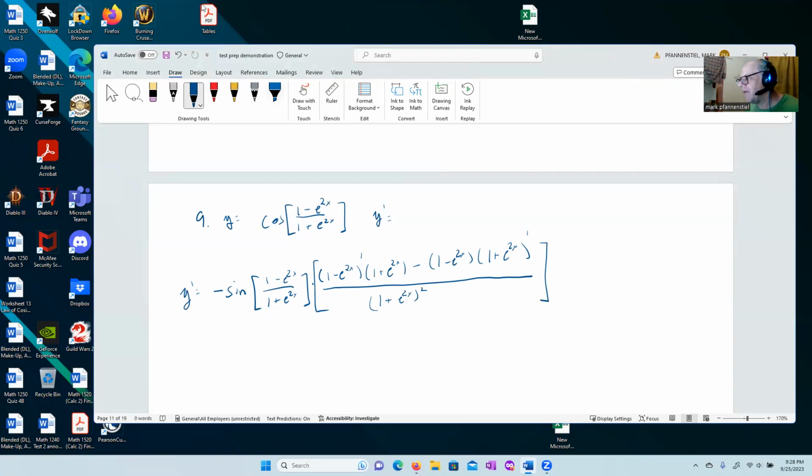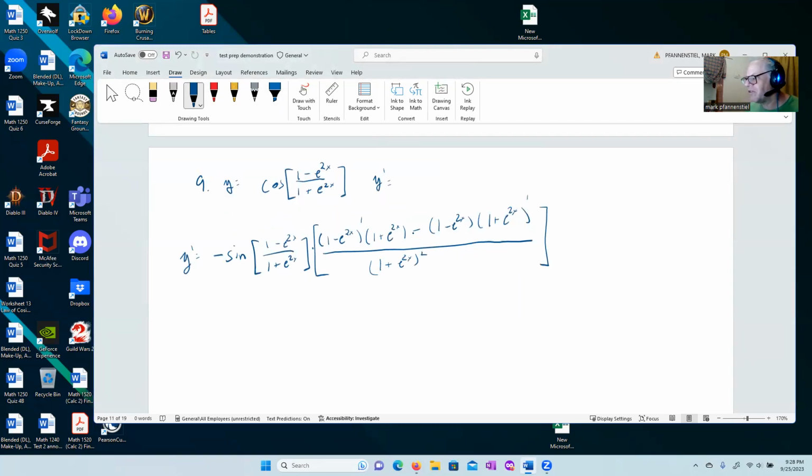Okay, so now we have to get to work on finding some derivatives. So we still have this, don't forget the negative sign: 1 minus e to the 2x over 1 plus e to the 2x. Then take our derivative. The derivative of 1 is 0, and then we have negative 2e to the 2x. That's just the rule for exponents.